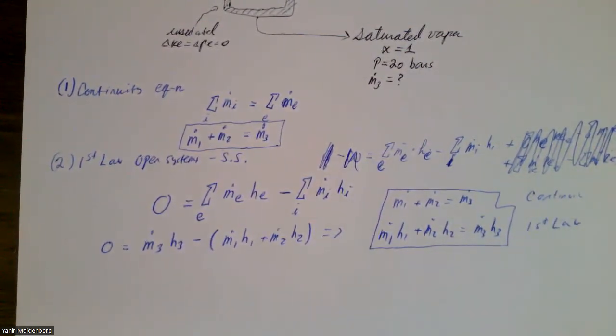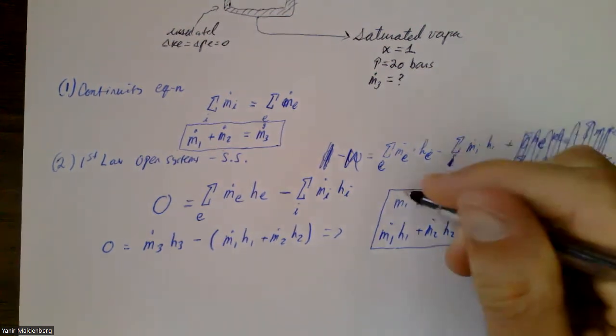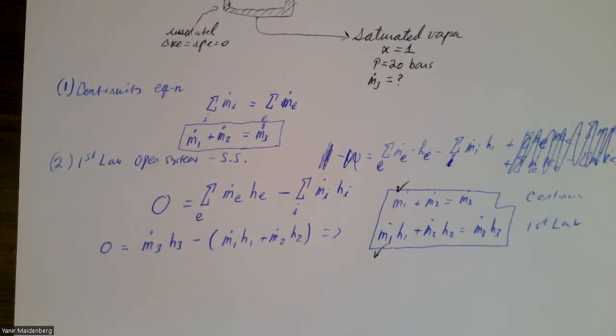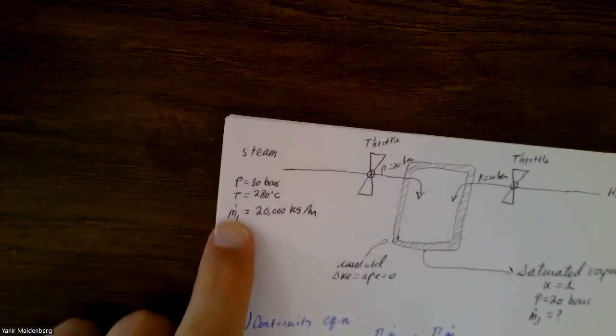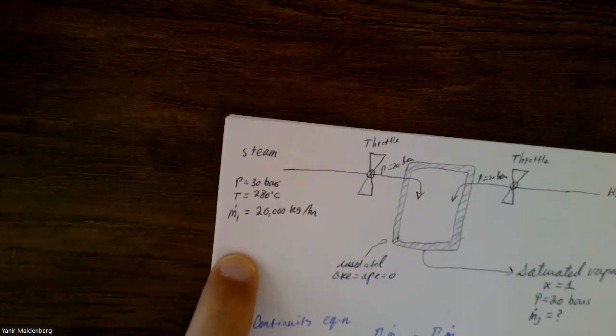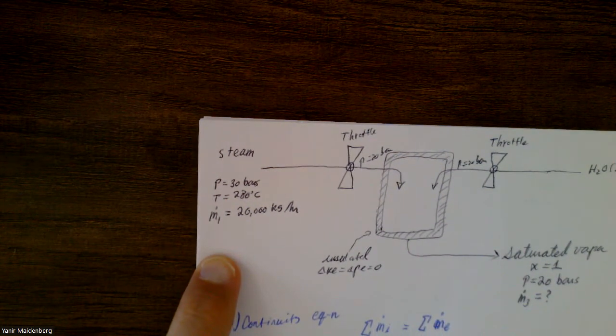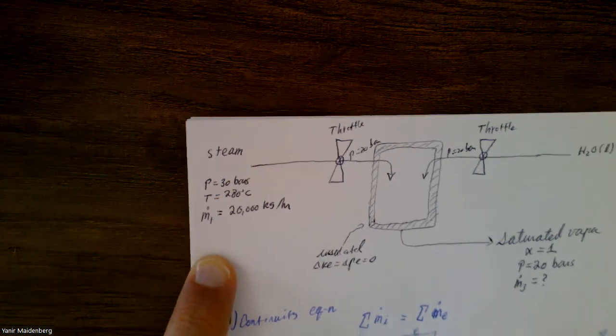Okay, so I'm going to point out what we have. We have M1, and that seems to be it. We do know that right here we have some steam. So we could go to the steam table and try to find H1.